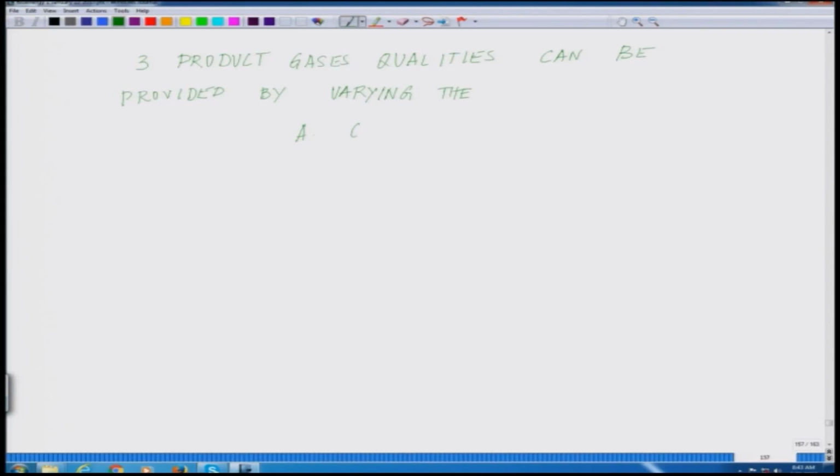You can vary the gasifying agent, A; B, method of operation; C, operating conditions. Okay.